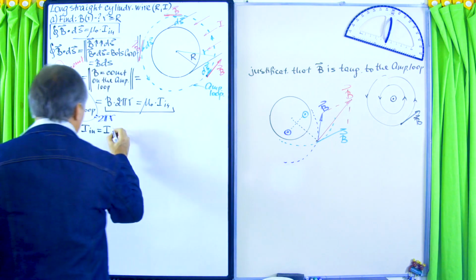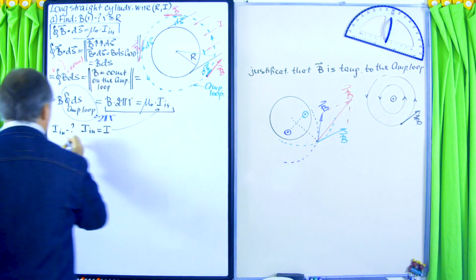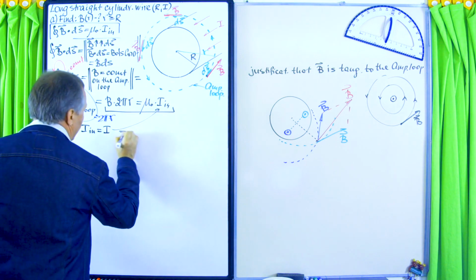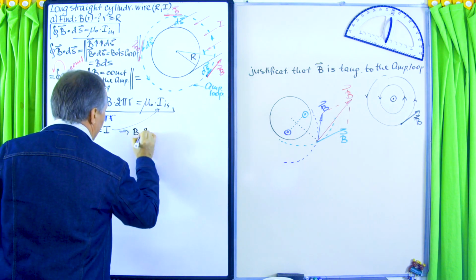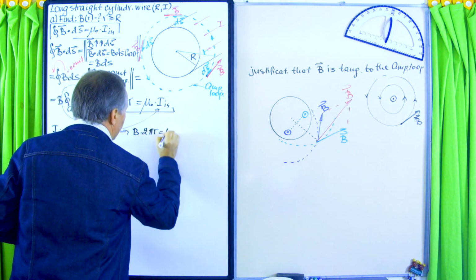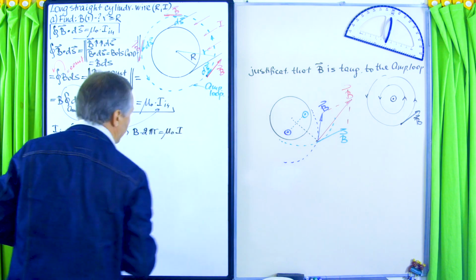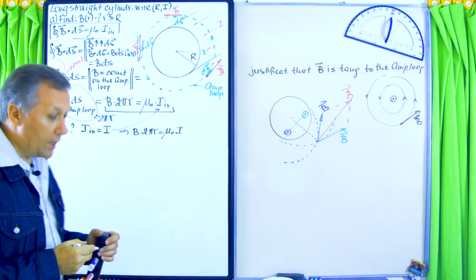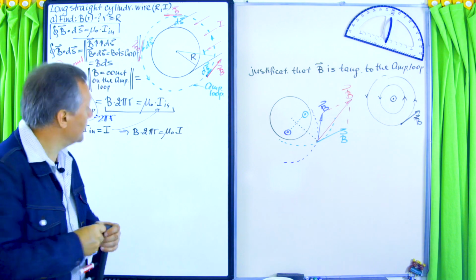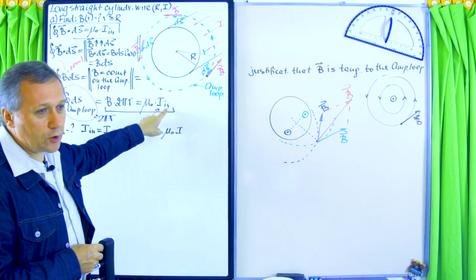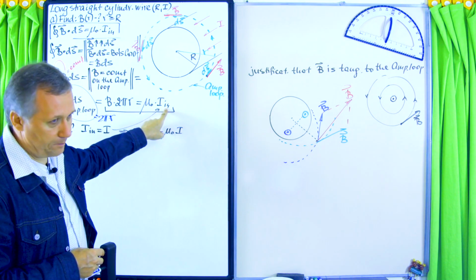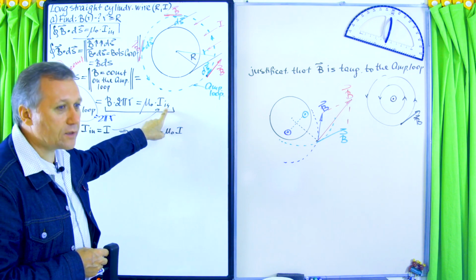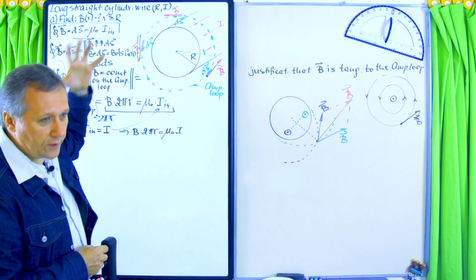Okay, so now we just plug it in, and as a result, of course, B times 2 pi r equals mu naught times I. And of course, in your answer, this subscript enclosed must not be there. Your answer must be written in terms of what is given.